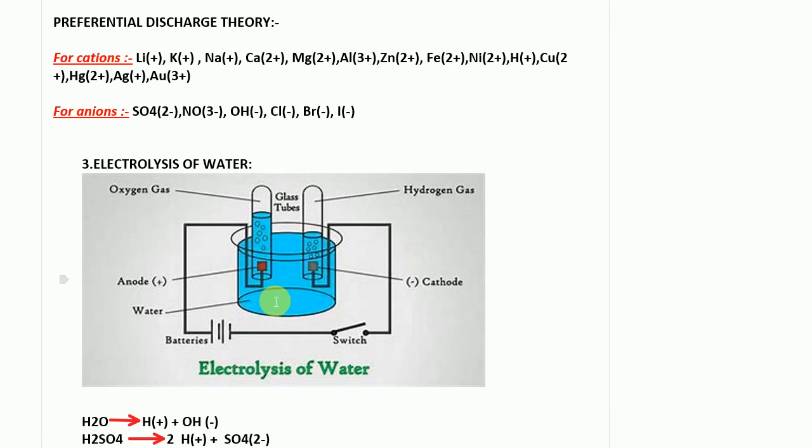But in the previous two examples, we had only one anion. That is, in the NaCl process, we had Cl minus, and in the lead bromide process, we had Br minus. But what if we have two anions of different elements?